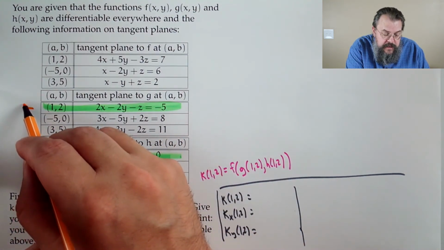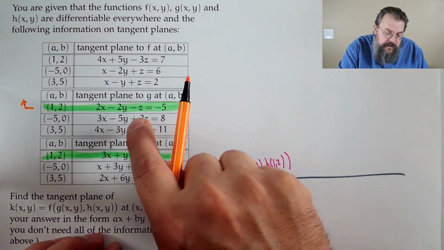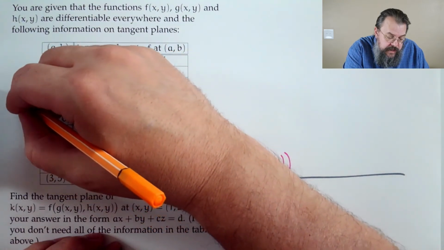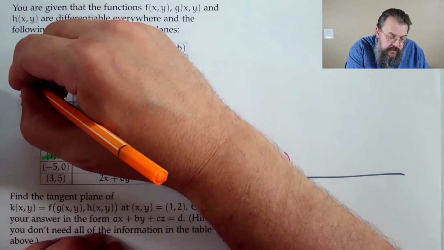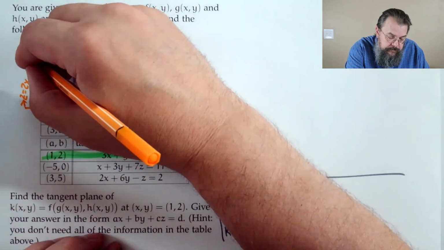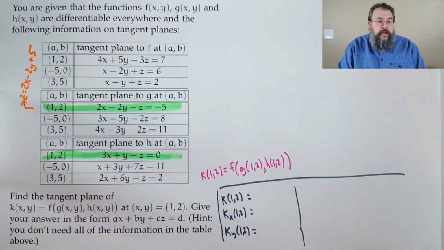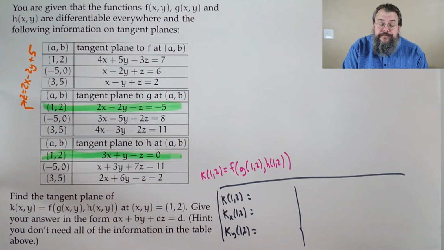And if we do that, what do we have? We have z equals 2x minus 2y plus 5. Okay, so that's the tangent plane to g at 1, 2.